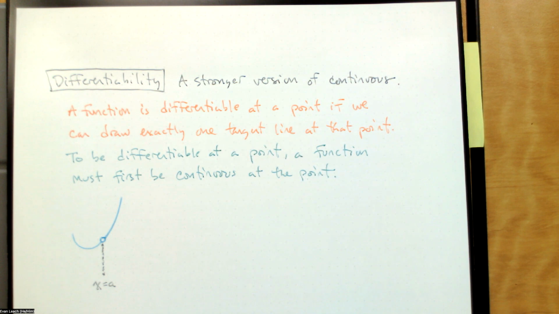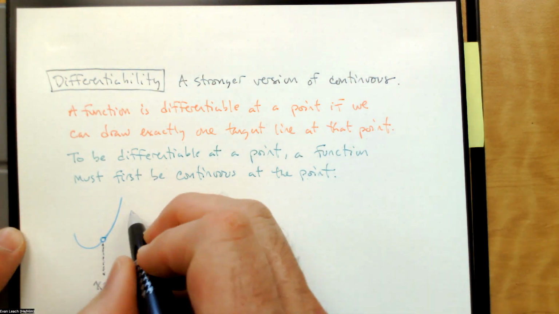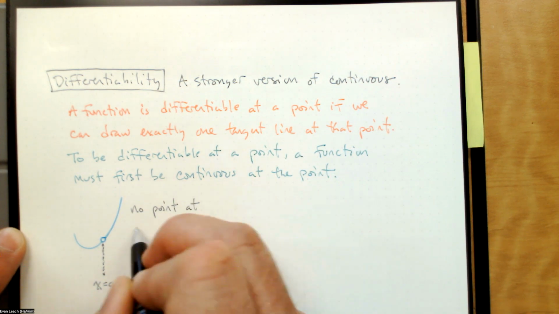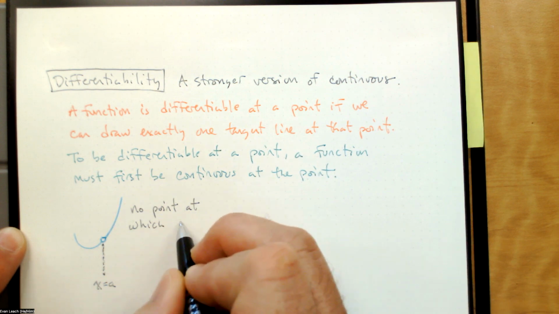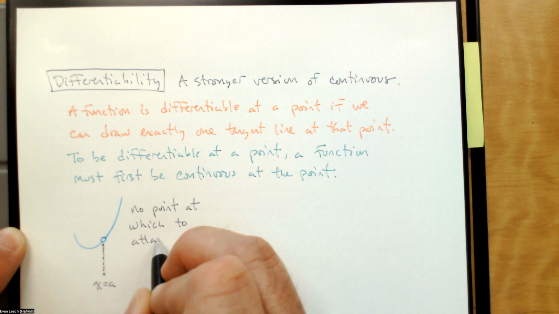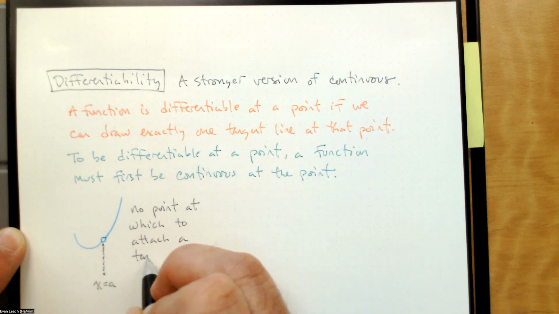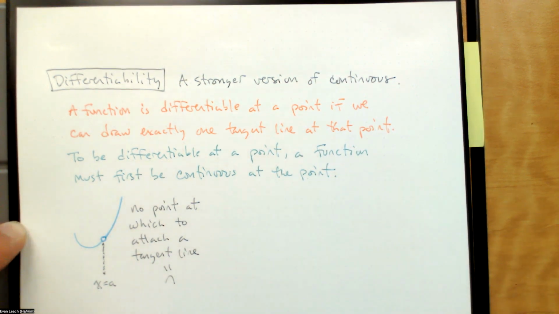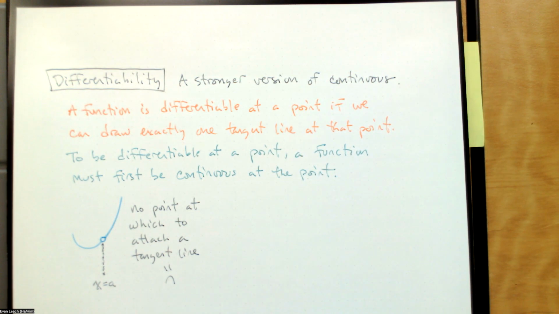In the previous problem, we can't put a tangent line at A because there's no A to put the tangent line. There's no point to attach the tangent line. Can't be differentiable if it's not continuous.